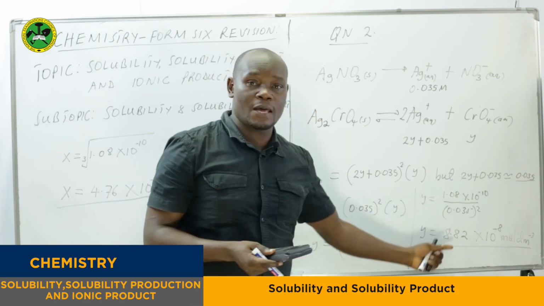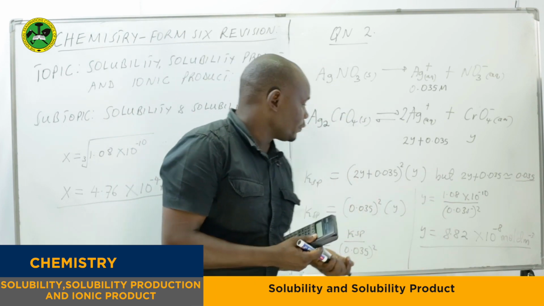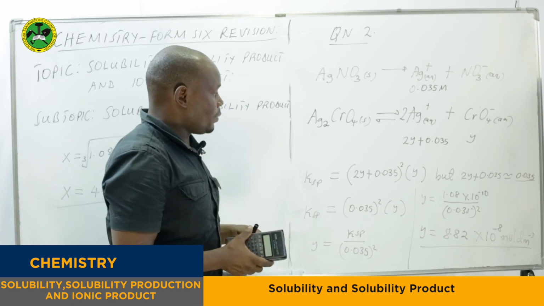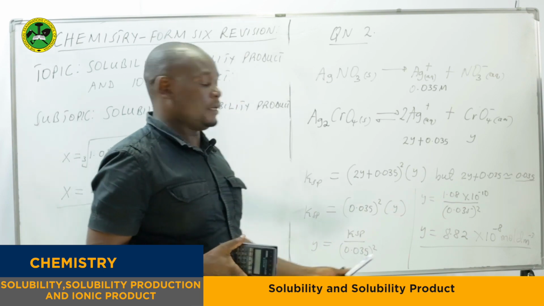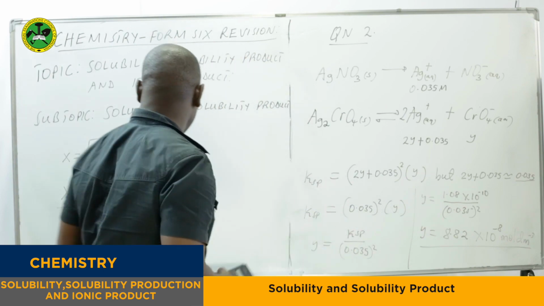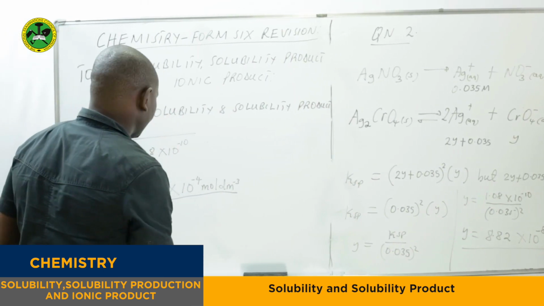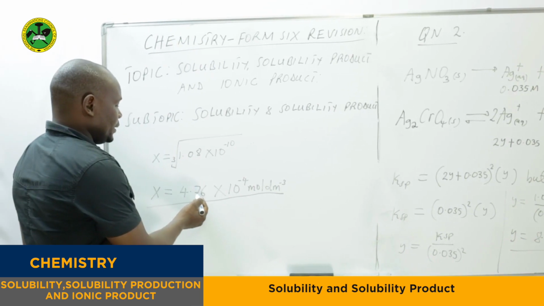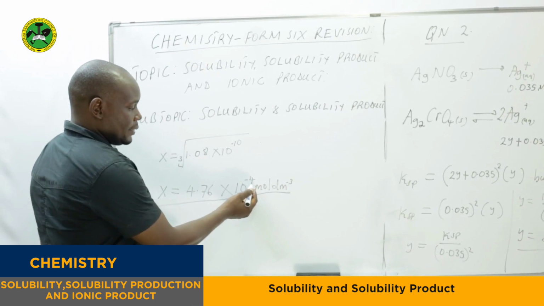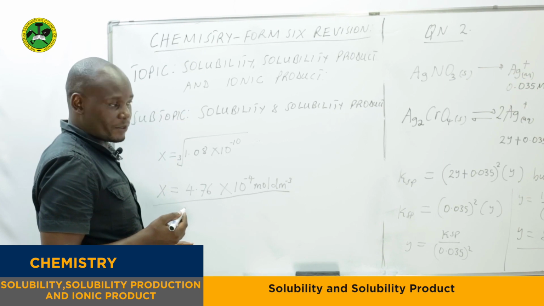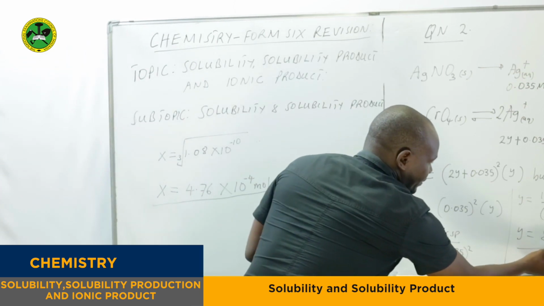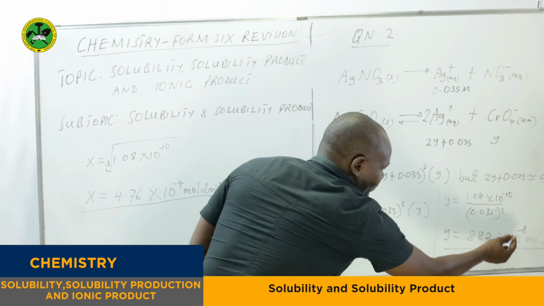So let us now compare the solubility of silver chromate in water and in silver nitrate. In water we have obtained 4.76 times 10 power negative 4 moles per decimeter cubed. But here we have got 80.82 times 10 power negative 8.